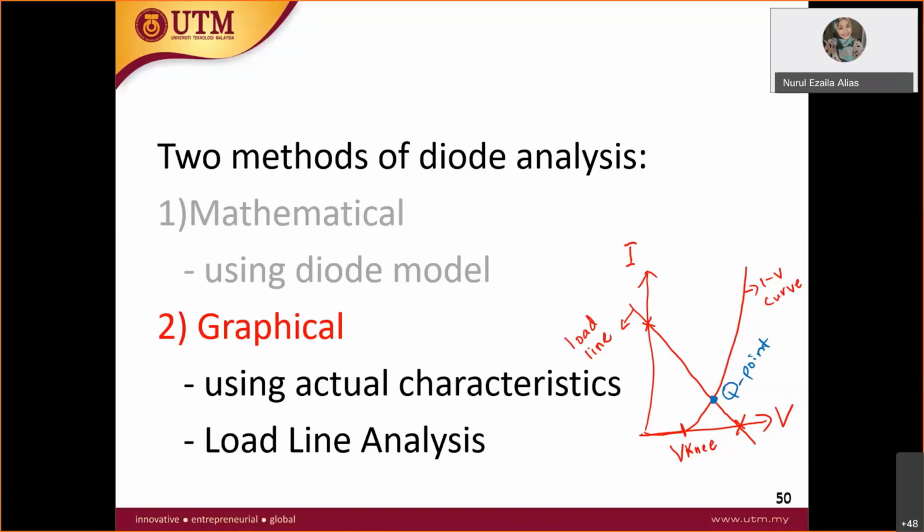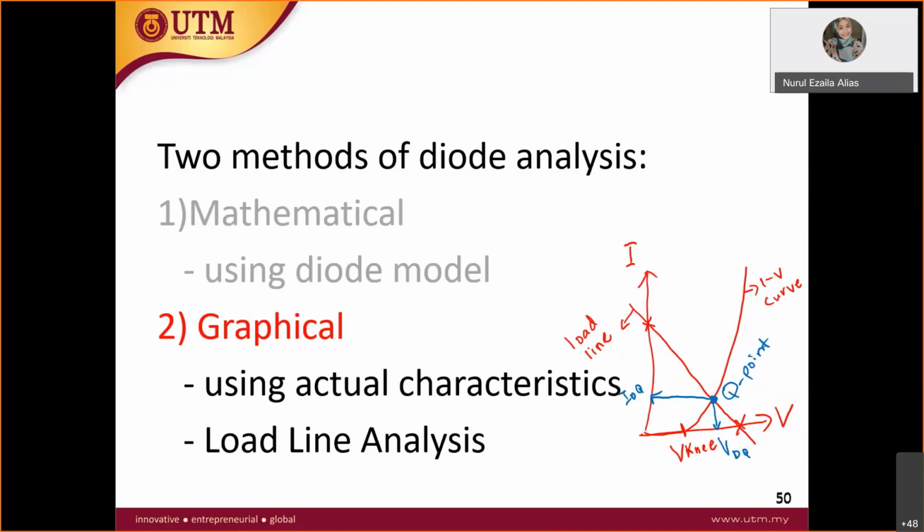From this Q point, you can find the voltage at the Q point and the current, VDQ and IDQ. So this is your objective.